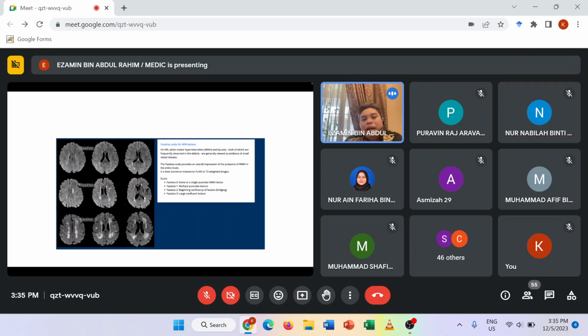Kalau MRI we call hyperintense. So this one is FLAIR images, meaning dia T2 base, meaning suppose yang dalam ni, the lateral ventricle ni supposed to be bright, tapi dia kita invert dia. So dia tak ni lah. So only the abnormal fluid that we can see macam ni.